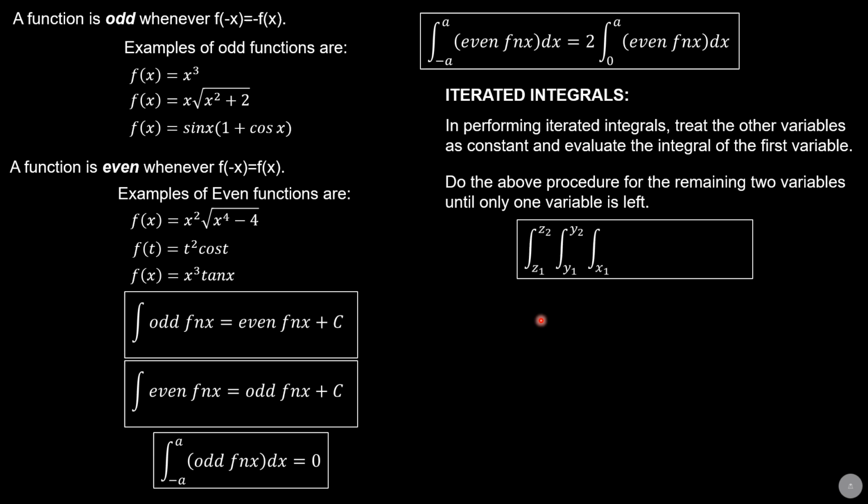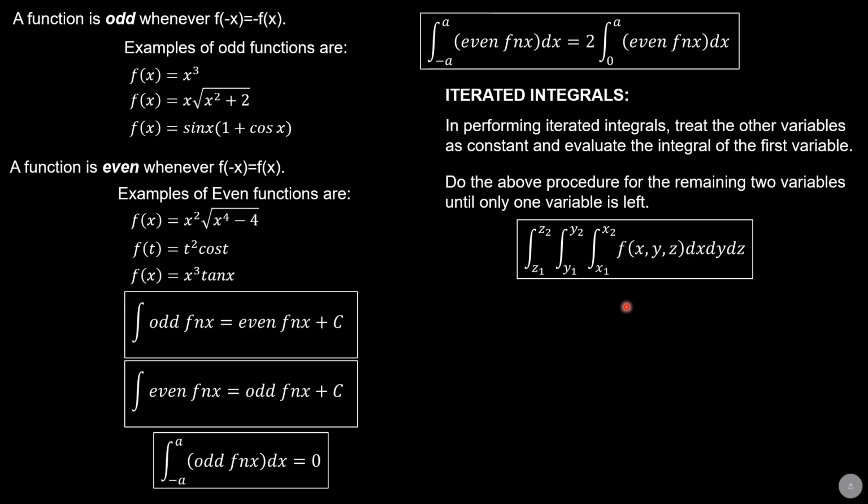So we have the integral from z1 to z2, y1 to y2, x1 to x2 of the function of x, y, z, dx, dy, dz. That gives us the idea that x should be treated as the variable first. After treating x as the only variable here, with y and z constant, then we have the integral from z1 to z2, integral from y1 to y2.